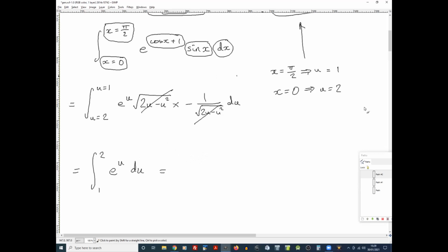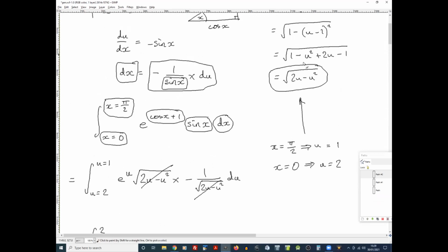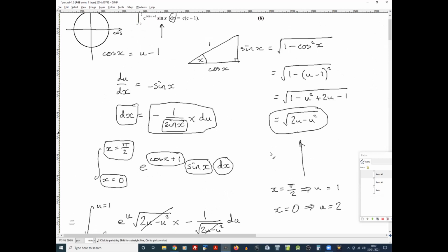Notice, when I said, why did I bother doing that when I could have just had sine here? Is it because it cancels out? Whether it cancels with that sine or with 1 over that version of sine, that can be a bit off-putting. It made me seem aimless and prevaricating.